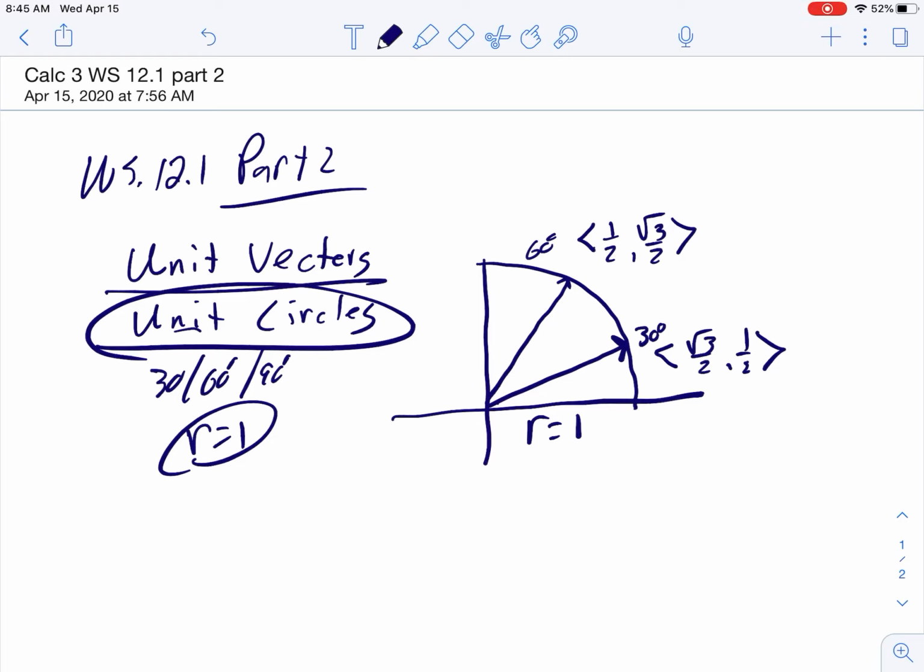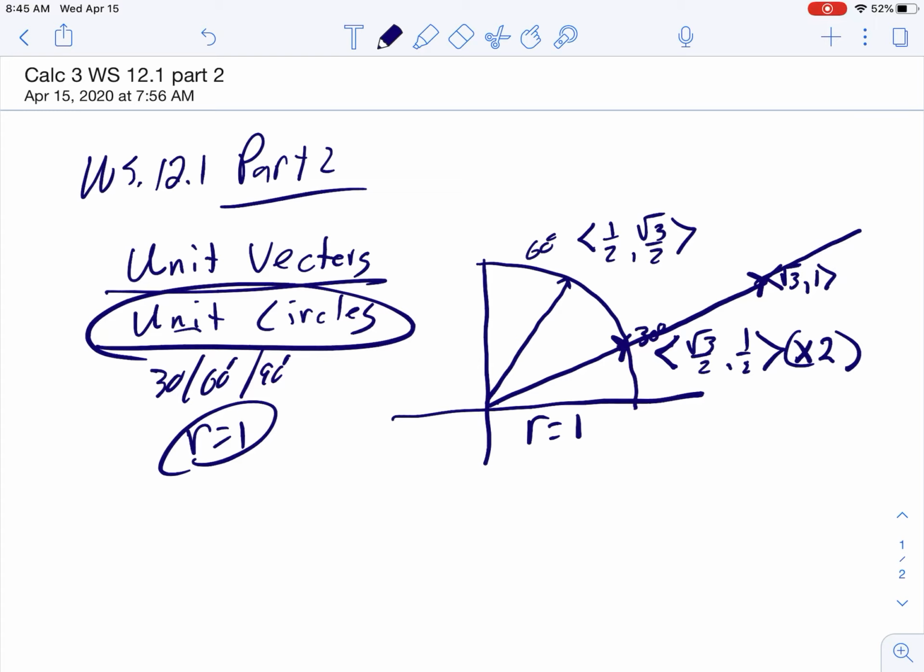So basically, if you look at them as a vector instead of an ordered pair, and I multiply this by 2, a scalar, I've extended this vector out to root 3 comma 1.